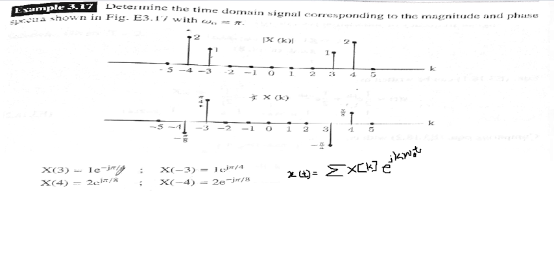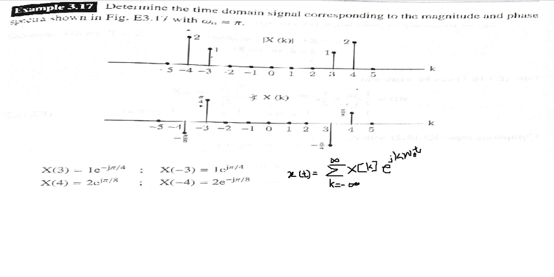We know that only at +3, 4 and -3, -4 it is available. So k for the formula is from -infinity to +infinity, but when we do the expansion we know that it exists from -3 to +4.